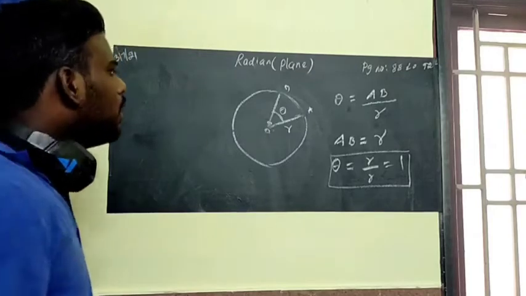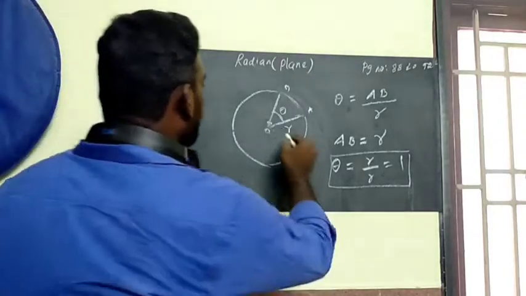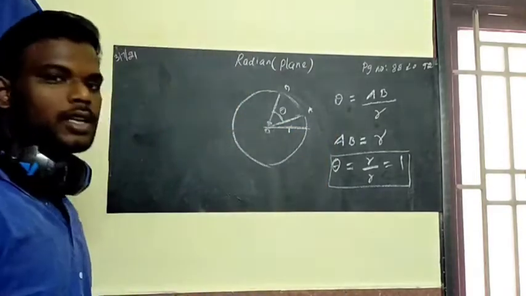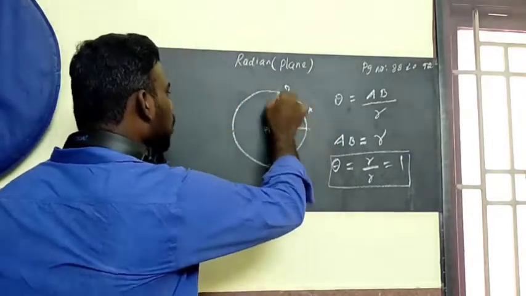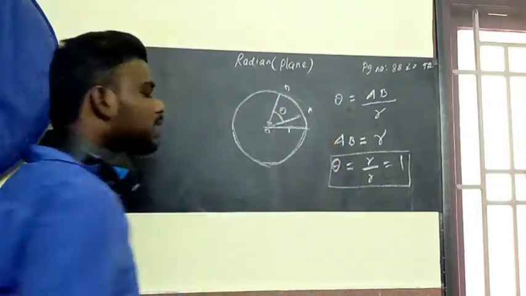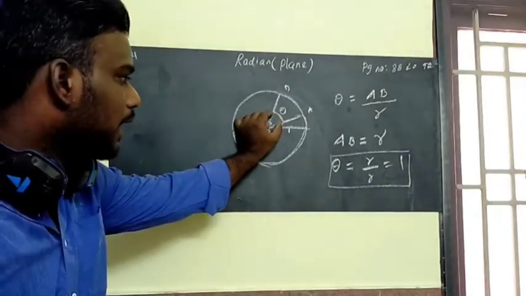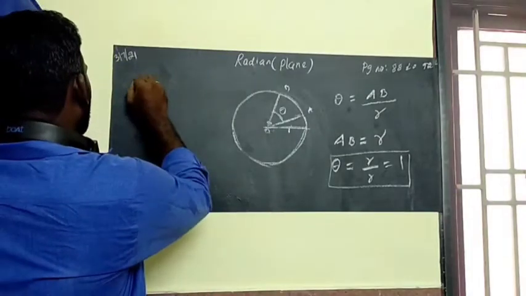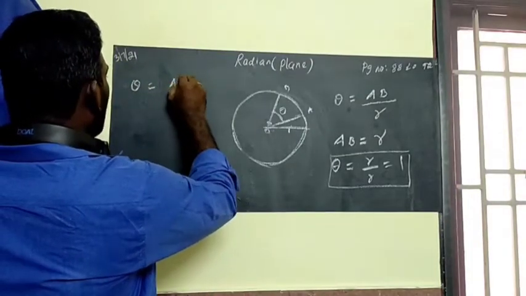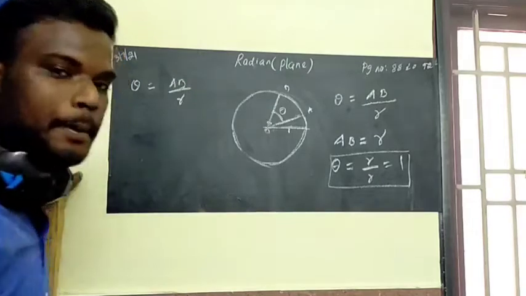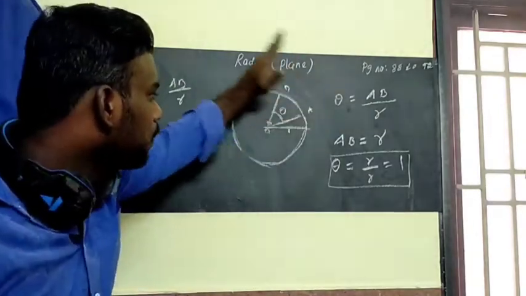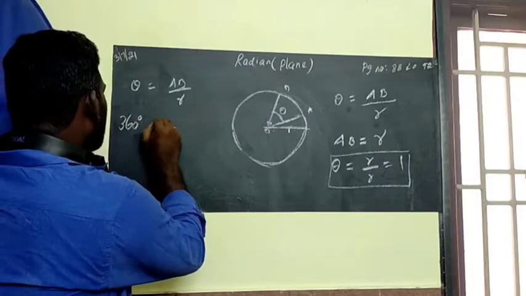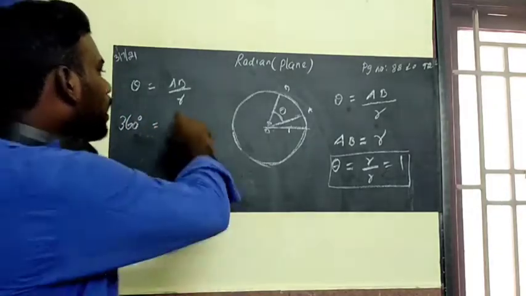And next, suppose we have the thread here. Is that clear? If you complete one cycle, it will be 360 degrees, so here we have a theta. If we complete the full circle, using the formula theta equal to AB divided by R, this theta will be 360 degrees. What will be the arc length?